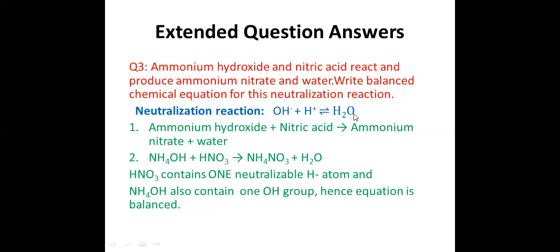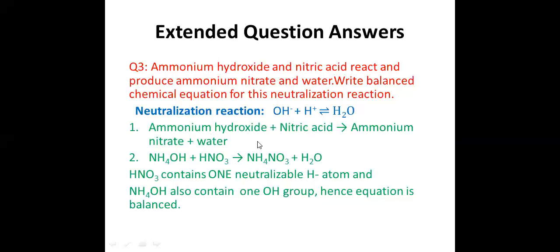So it will give water. Ammonium hydroxide plus nitric acid to give ammonium nitrate plus water. This is the first step of writing the equation, and you have to write the equation in words.